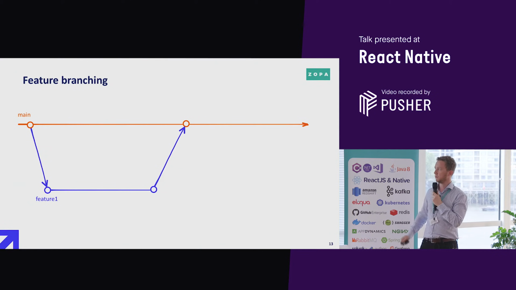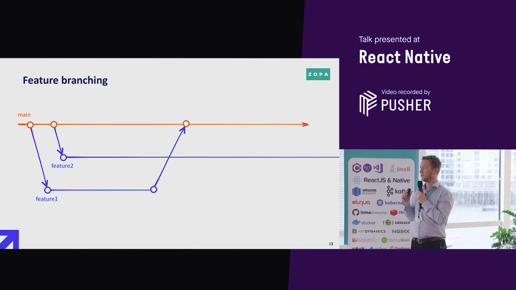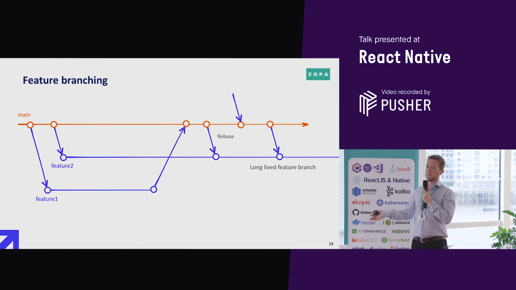But one issue we had was sometimes you branch and the feature branch stays there for weeks or months. The other developers are working on the main branch and adding new features. And at some point, you keep rebasing, but you've added so much code in your feature branch that it's super difficult the day you want to merge back to the develop branch.